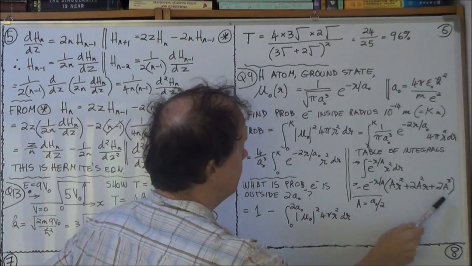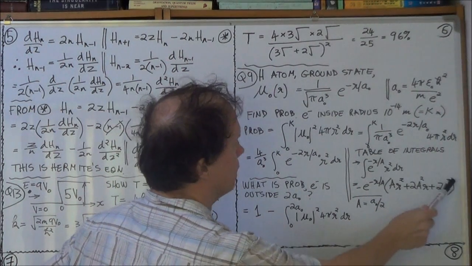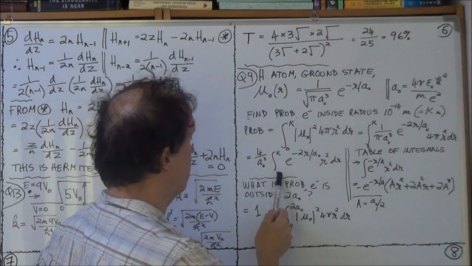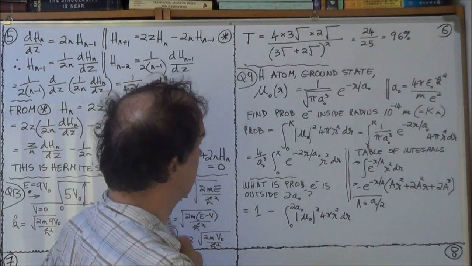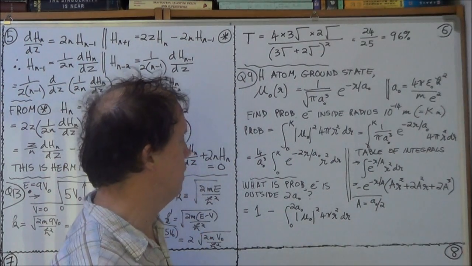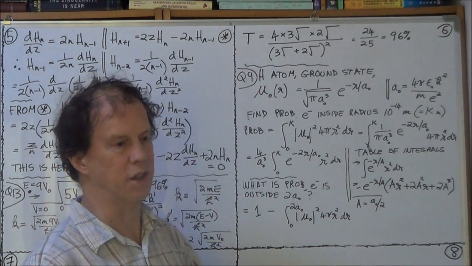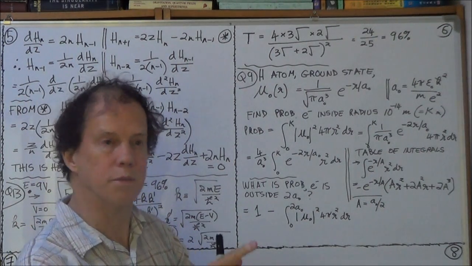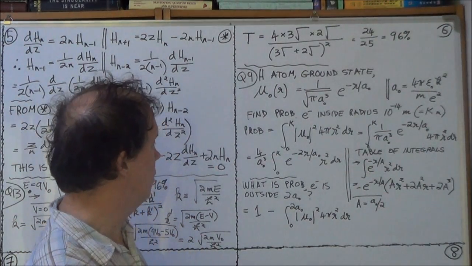It'll be this when r equals k minus this when r equals 0, and that will give you your probability. So it just became number crunching, and you'd need a calculator or computer to do that for you.